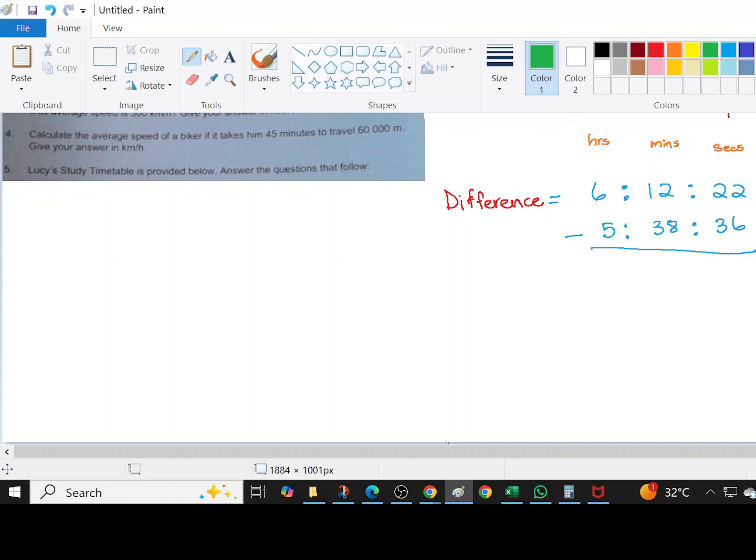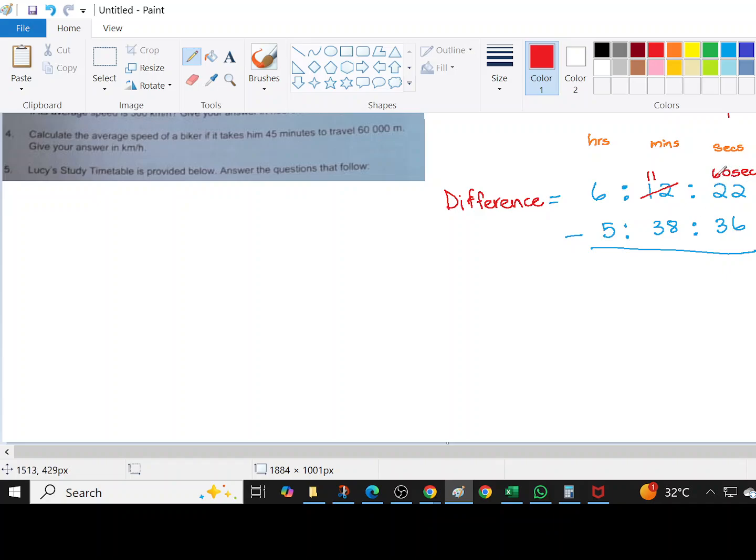So now you're not just borrowing one. So you're borrowing one, this becomes 11. But you're borrowing 1 minute. So how many seconds in a minute? You're actually taking 60 seconds over. Do you understand that? Yes, ma'am. By borrowing 1 minute, you're taking 60 seconds over.